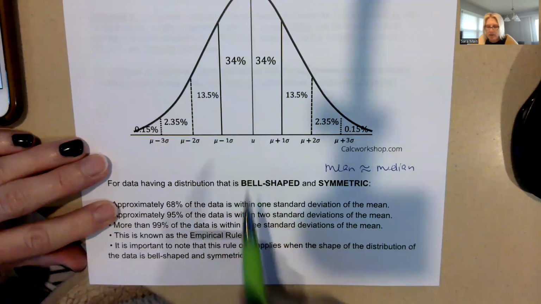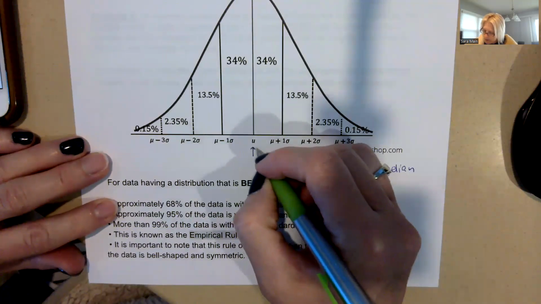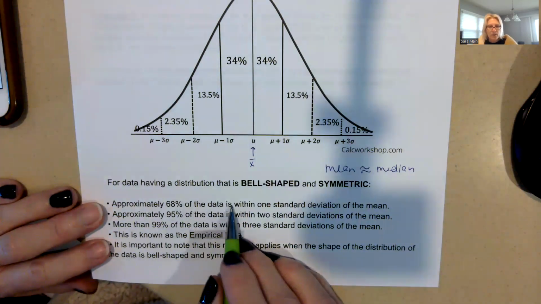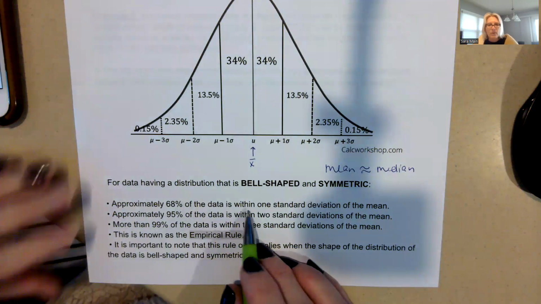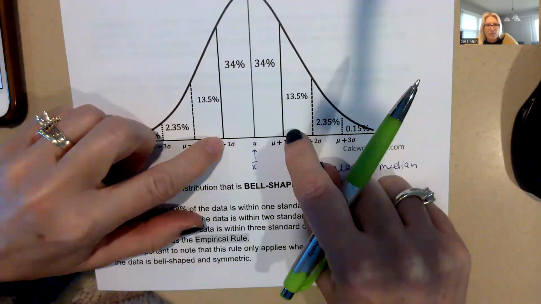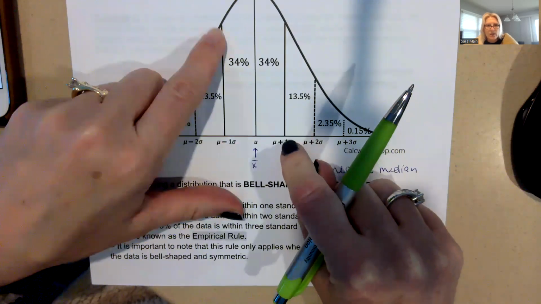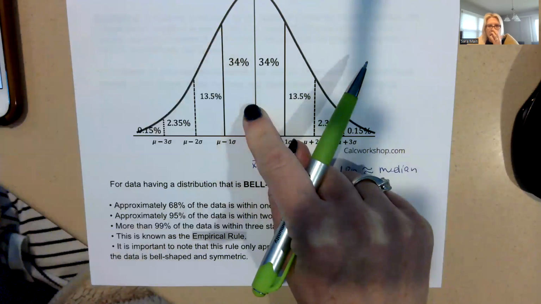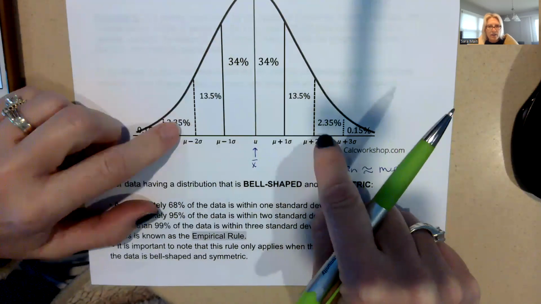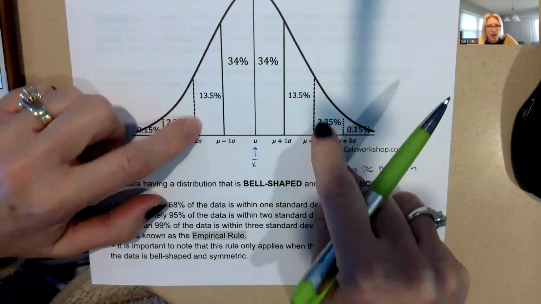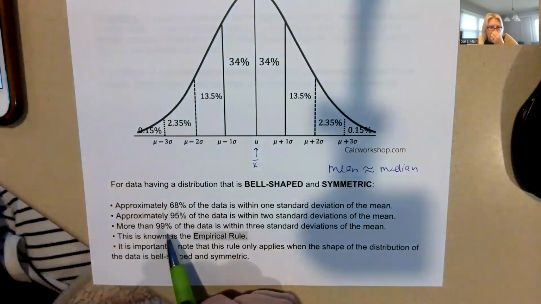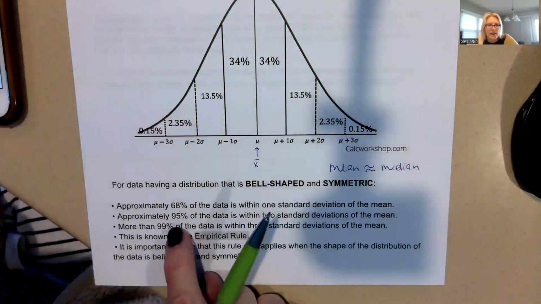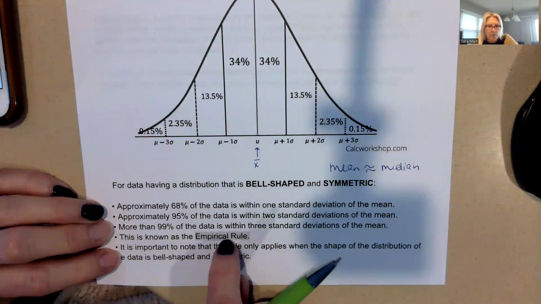If we take the mean of the data, mu or X bar, whichever you have, sample or population mean, about 68% of your data points will lie within 1 standard deviation of the mean. So if we took our mean and subtracted 1 standard deviation and added 1 standard deviation, 68% should fall within here. And if we go another standard deviation below and above, we should have a total of 95% of our data. And if we go out 3 standard deviations, we are at approximately 99% of our data. This is known as the empirical rule.